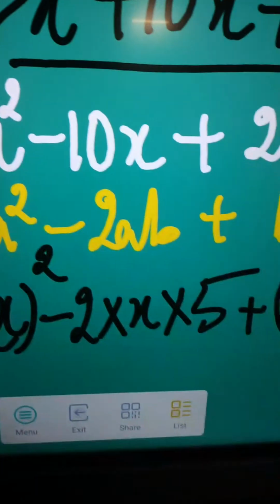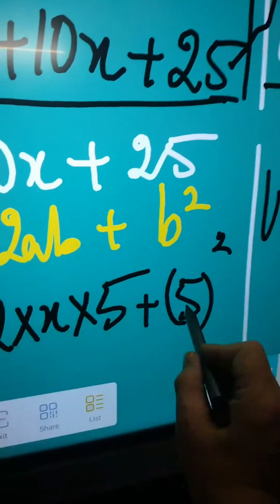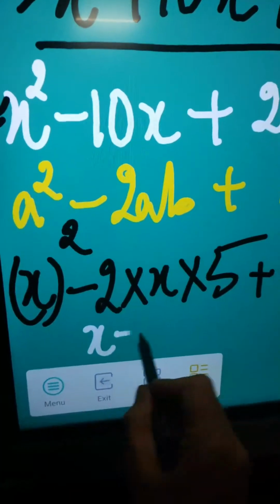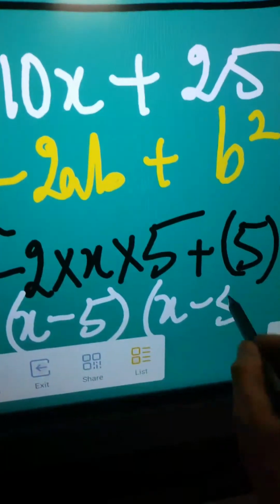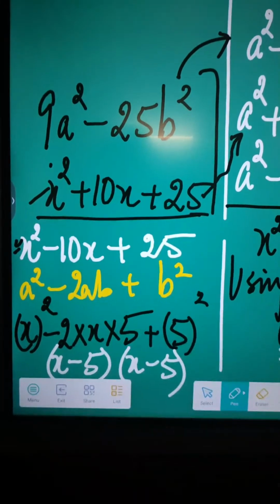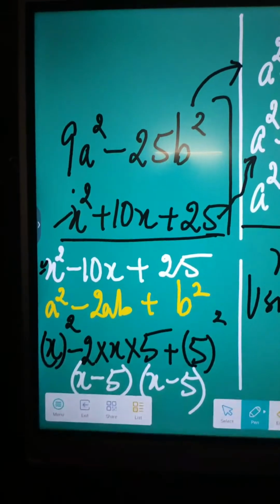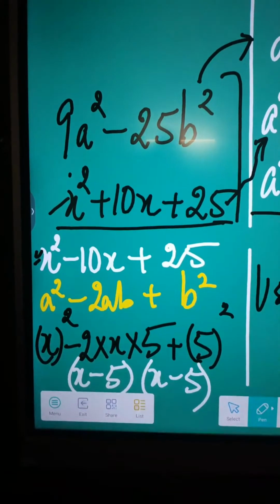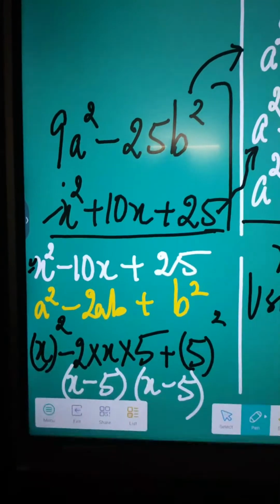It will be a and b. So a minus b and a minus b. It is based on this formula, a minus b and a minus b. Now if you have confusion, you can watch this explanation again. You can watch till here.